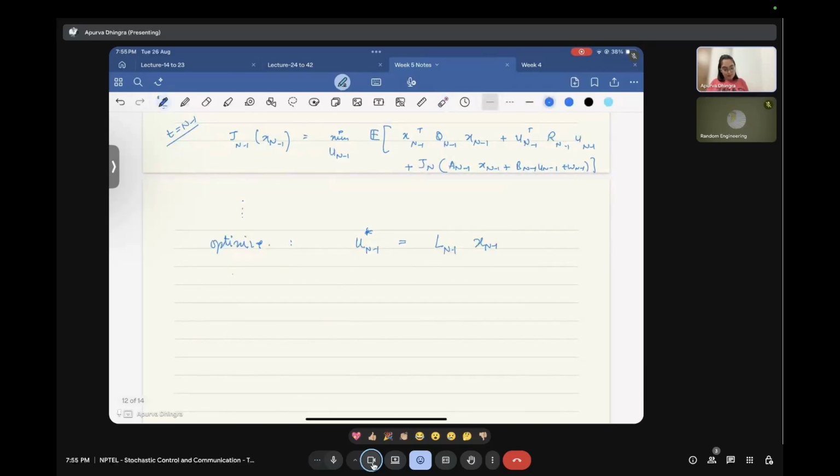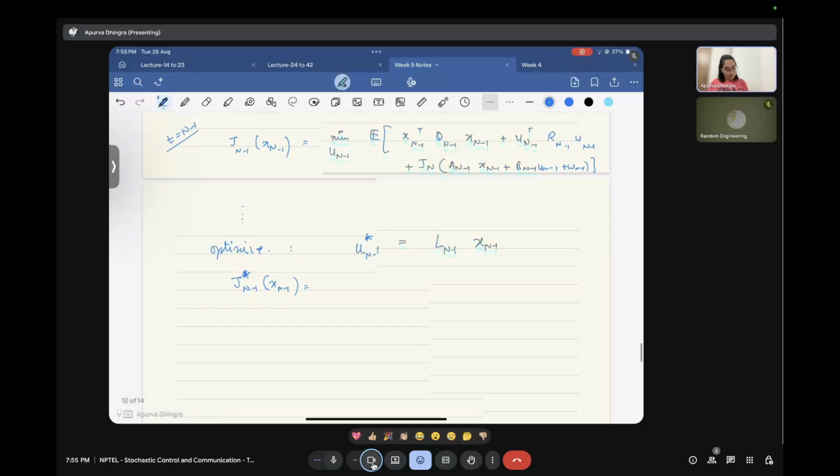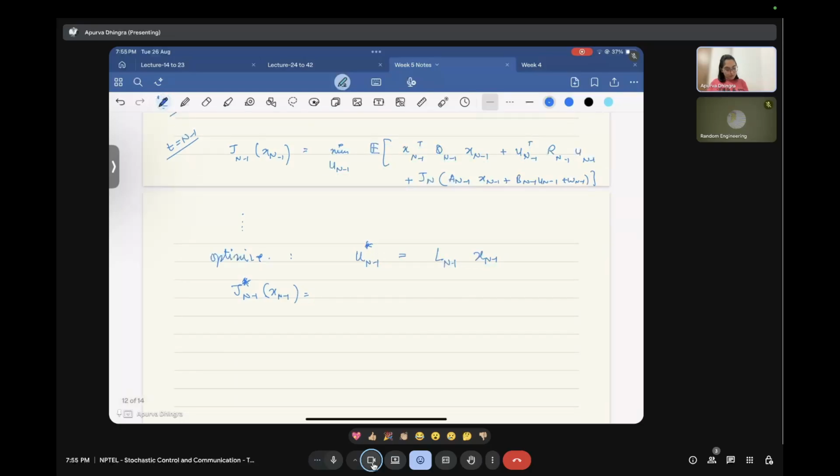Next thing is, if you plug this in and try to find the optimal value, you'll get some quantities which are quadratic in x n minus 1. The middle factor would be a bunch of terms once you simplify all of them. So let this just be called k n minus 1.